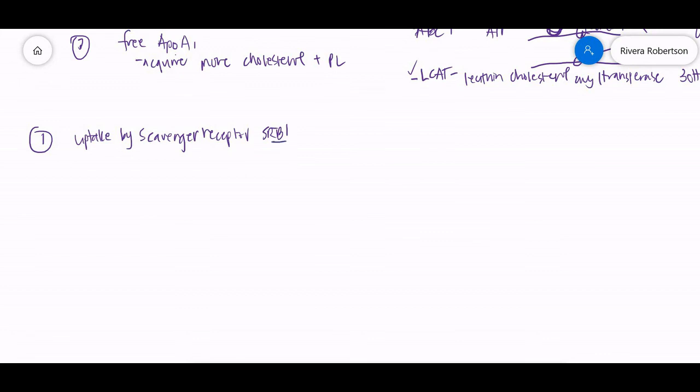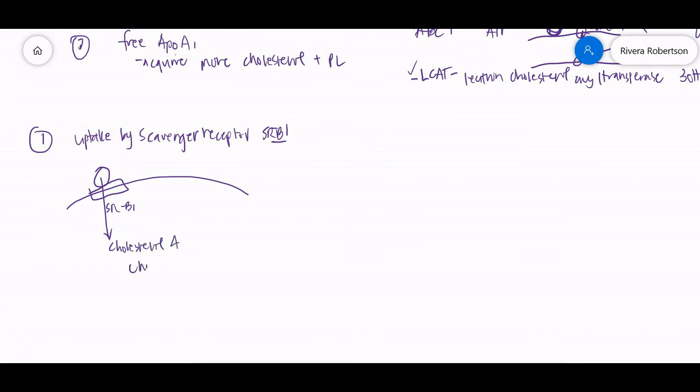Now, your SRB1 is present in many cells and actually, hindi talaga uptake na endocytosis yung nangyayari, no? So, for example, ito yung cell mo. So, dyan yung SRB1.